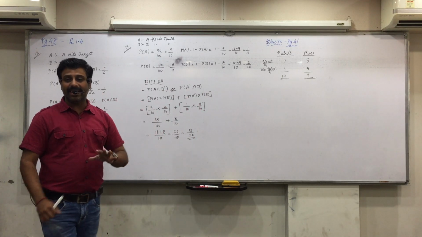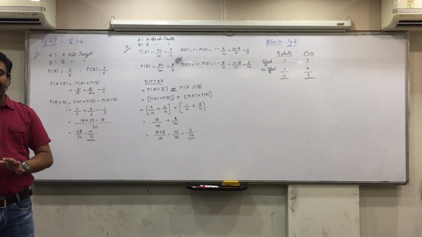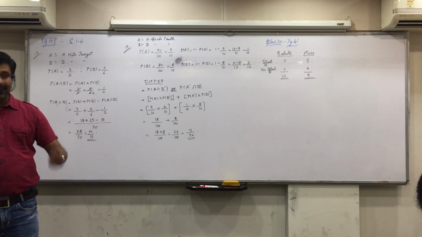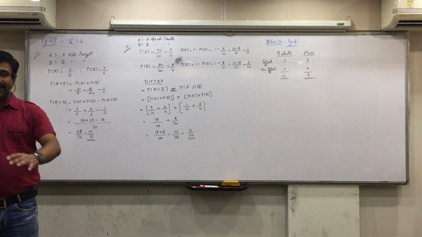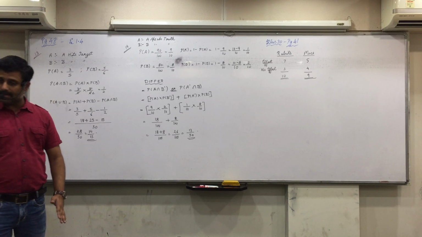Okay, what two events will we define? Let event R be the event that rabbit shows the effect of medicine. Let event M be the event that mice shows the effect of medicine.